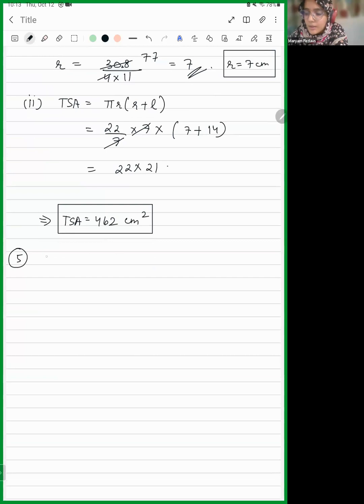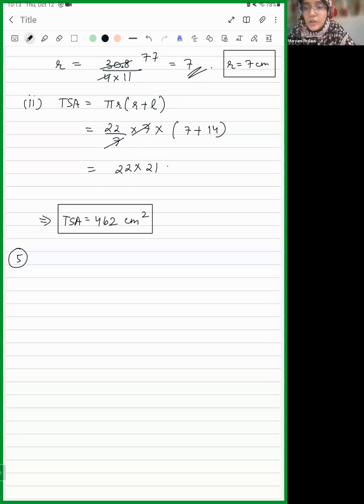Then the question says, what length of tarpaulin 3 meters wide will be required to make a conical tent of height 8 meters and base radius 6 meters? Assuming that the extra length of material required for stitching margins and wastage in cutting is approximately 20 centimeters.